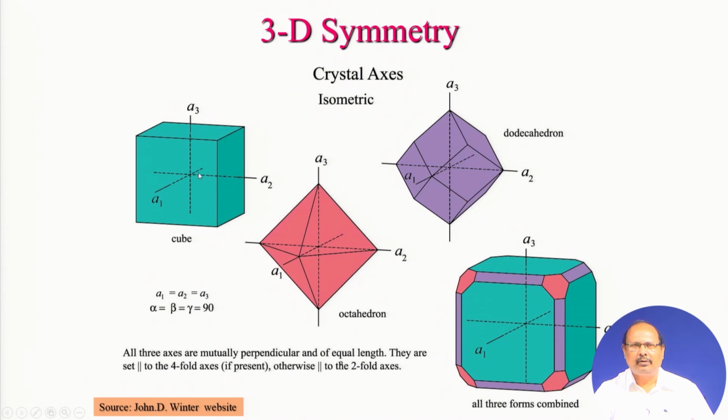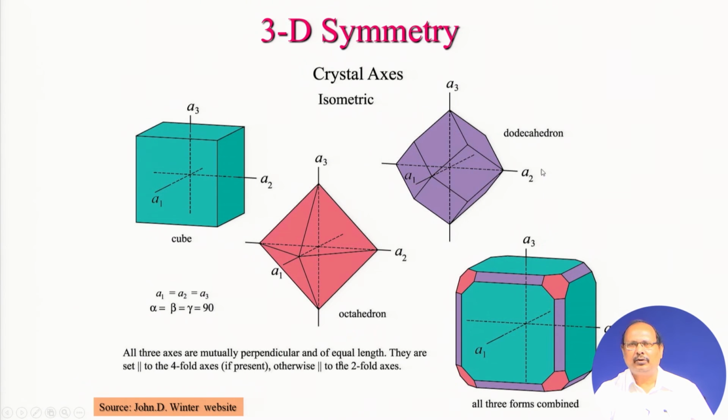So, this is a very simple one here, where A1, A2 and A3 can be oriented in a cube, perpendicular to the 6 crystal faces of the cube. This is an octahedron here, and this is the orientation of A1, A2 and A3, and this is a dodecahedron here. For example, A1 passes through the center of intersection of these 4 faces here, and in the same way these 4 faces intersect at this point from the center.